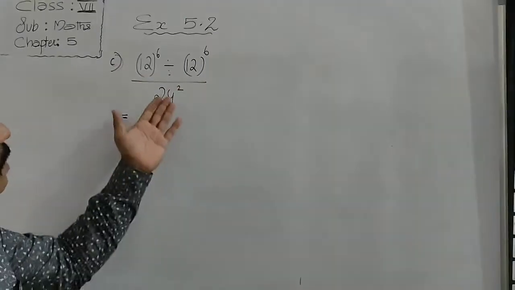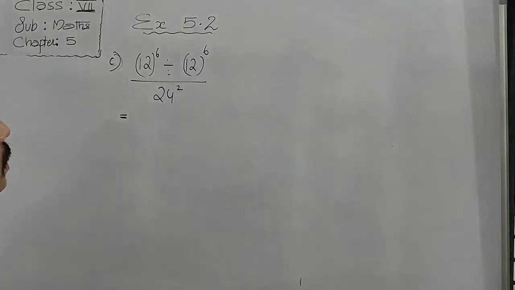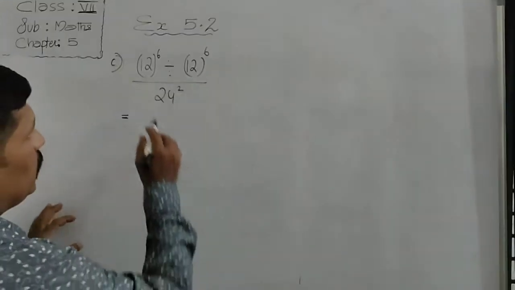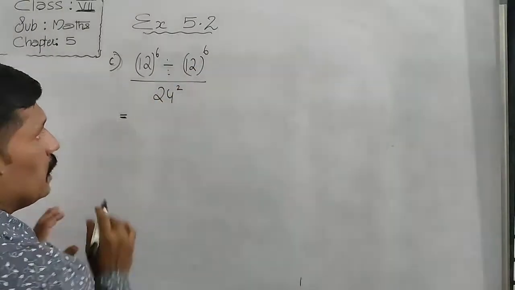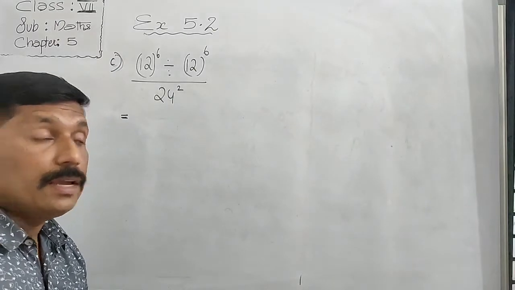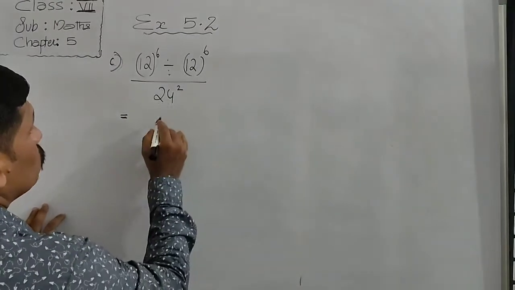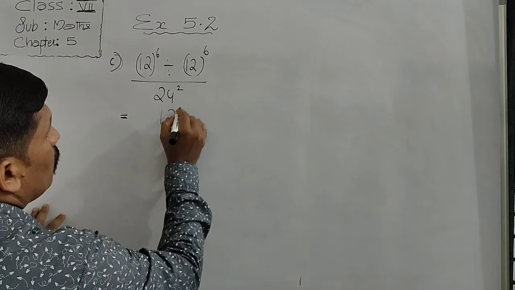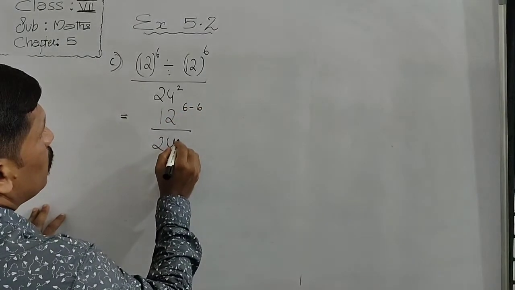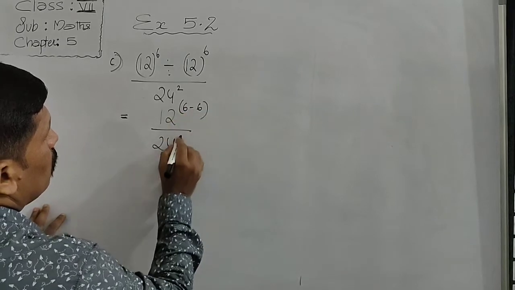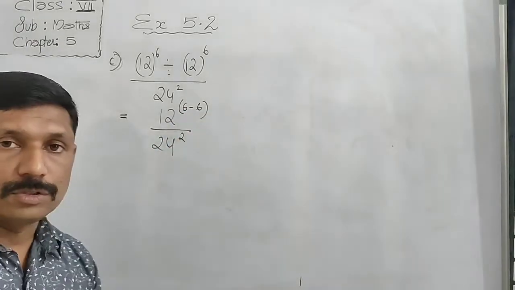So in this way we can solve number C. 12 power 6 divided by 12 power 6 upon 24 power 2. Here 12 power 6, bases are same and powers also same, and it is division. In division where the bases are same, we subtract the powers. So it will be 12 power 6 minus 6, upon 24 power 2.